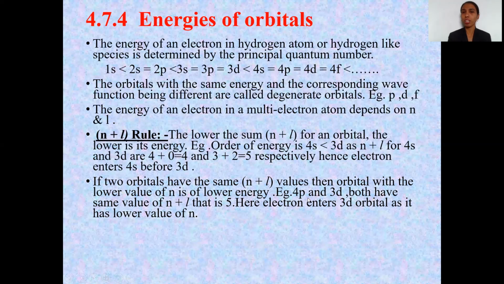So for example, if we consider the 4p and 3d orbitals, now see here, 4p orbital means n value is 4 and p subshell means l value is 1. So 4 plus 1, 5. If we consider the 3d orbital, means n value is 3 and d subshell means the l value is 2, means 3 plus 2, 5.